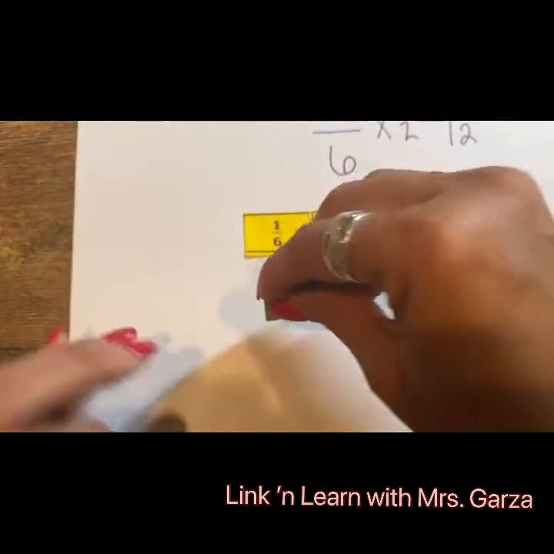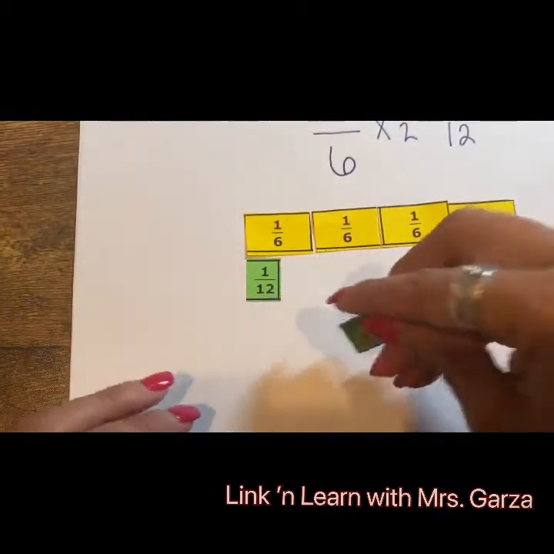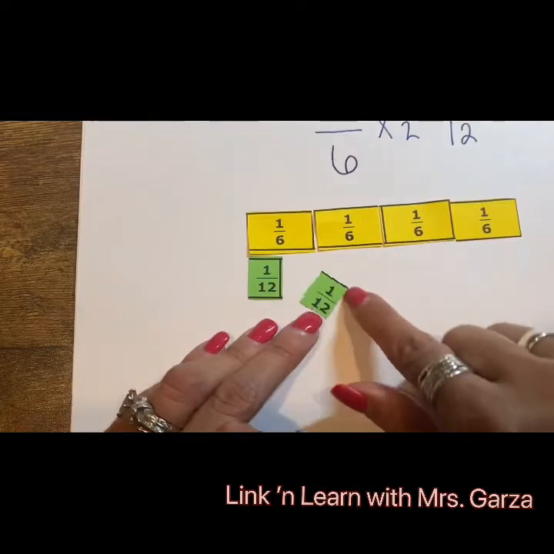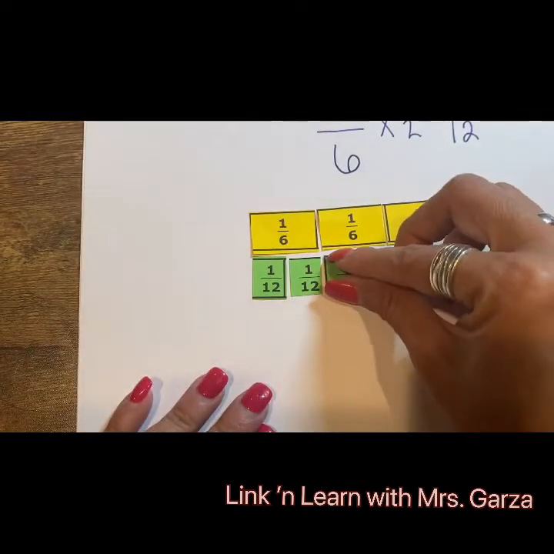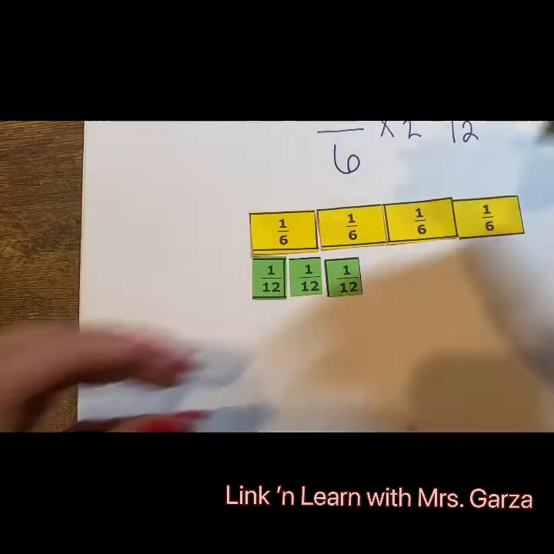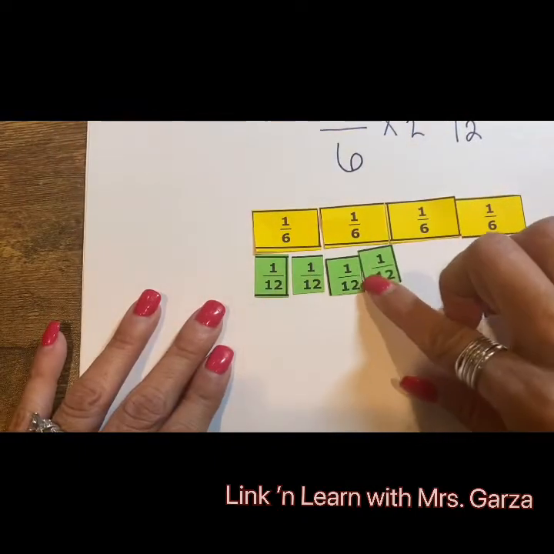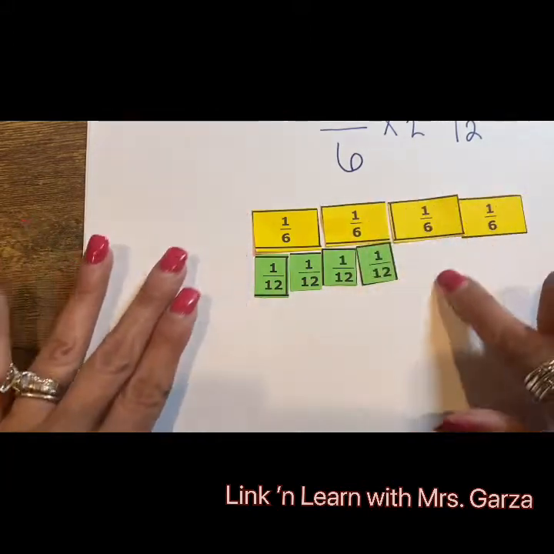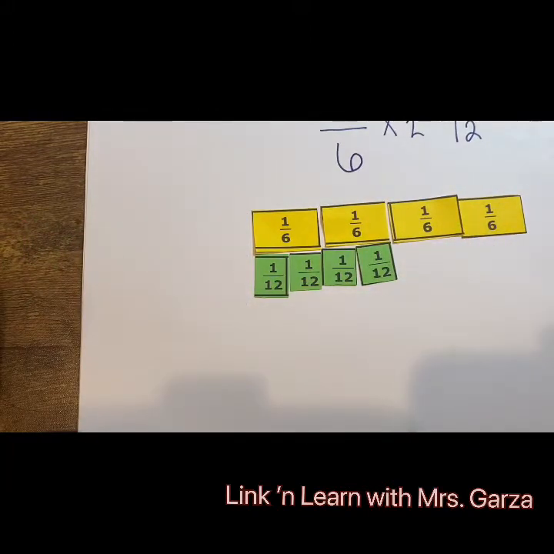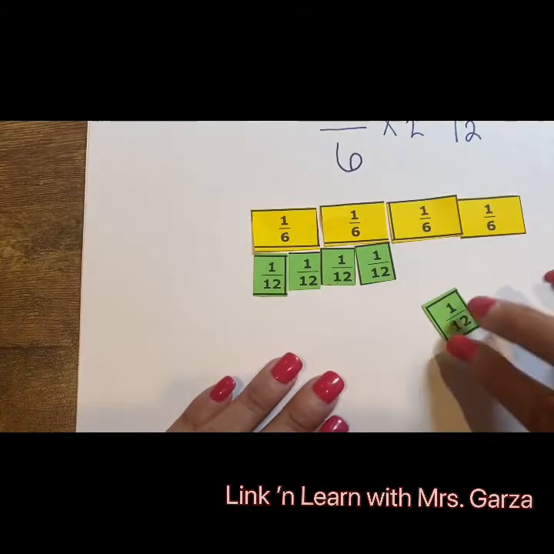These are a little smaller, so it's going to take me a little bit. 1/12, 2/12, 3/12. Mrs. Garza is not as coordinated sometimes. 4/12. Look at that, that is a half of the 4/6.